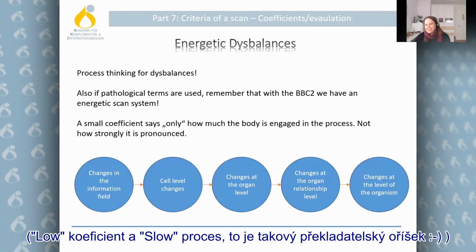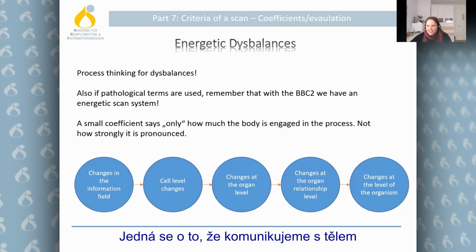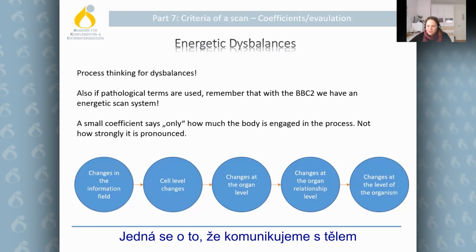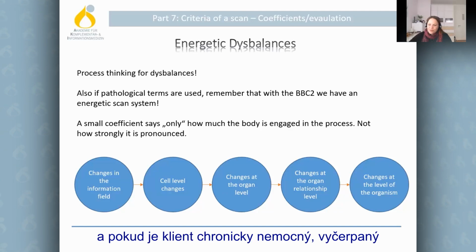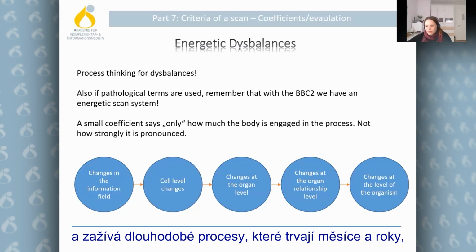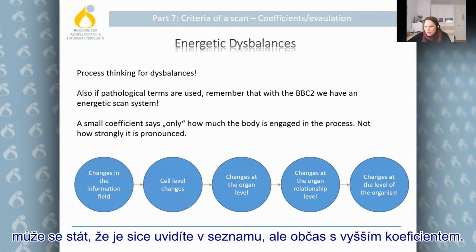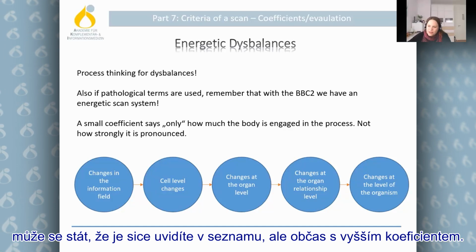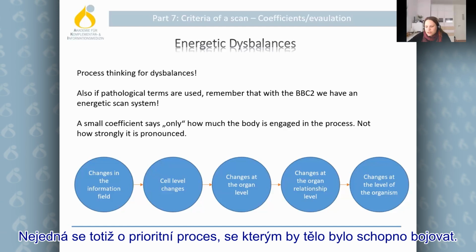It's a slow process and a low coefficient like this, because we are in a communication with the body again. So when the patient is chronic ill, exhausted and has long processes running through for months or years, it can happen that you have it on the list, of course, but sometimes with a higher coefficient, because it's not the priority the body is able to work against.